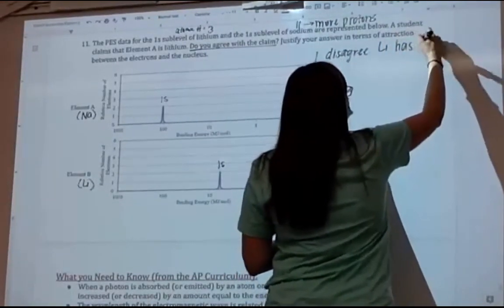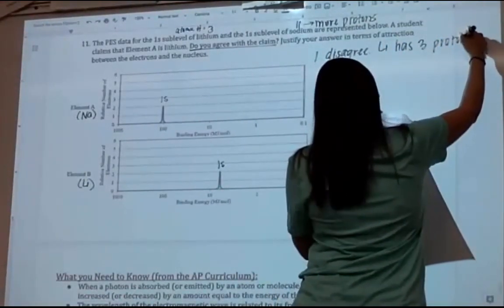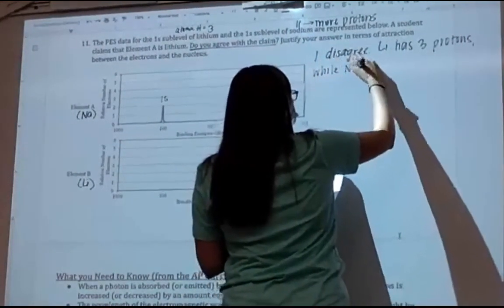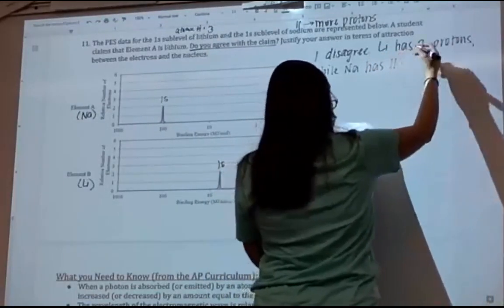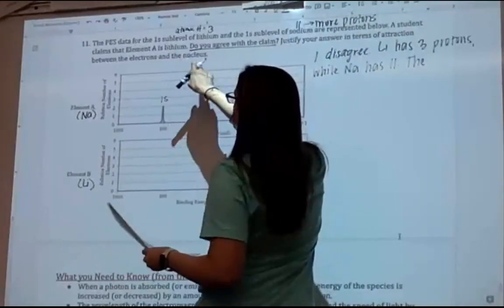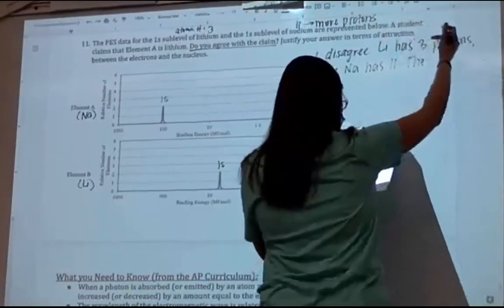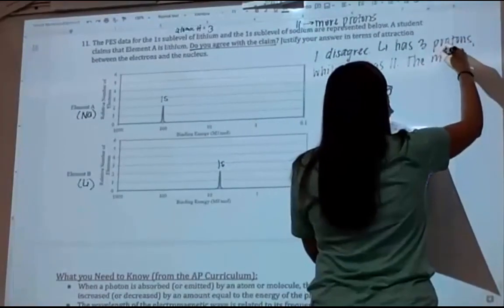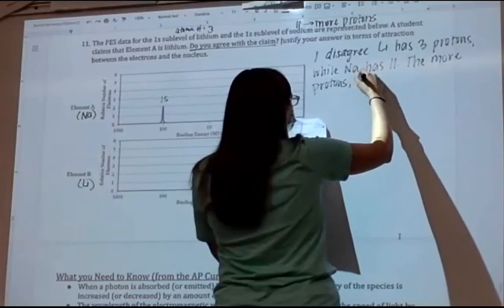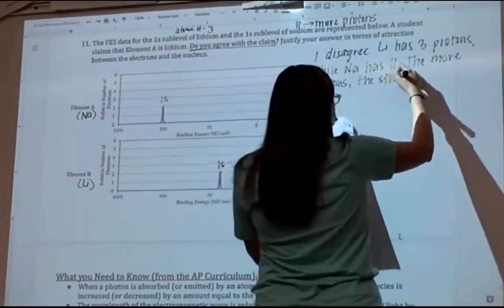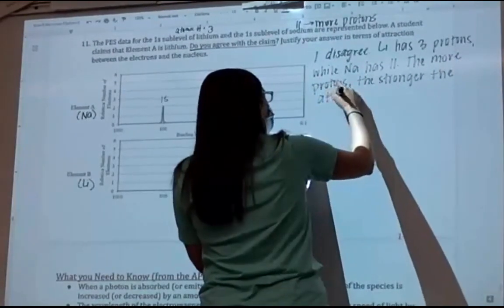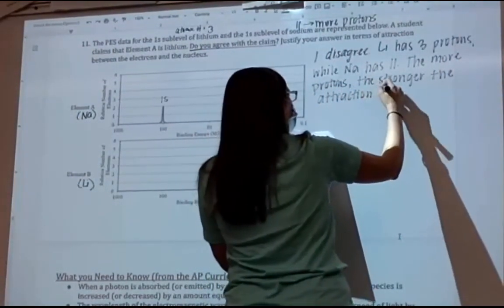So lithium has 3 protons, while sodium has 11. It says justify in terms of attraction between electrons and the nucleus, so we need to make sure we talk about attraction. So the more protons, the stronger the attraction to the 1s electrons.